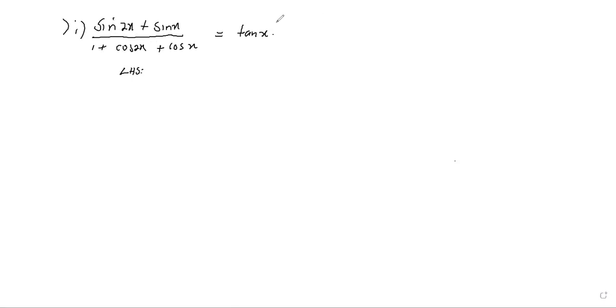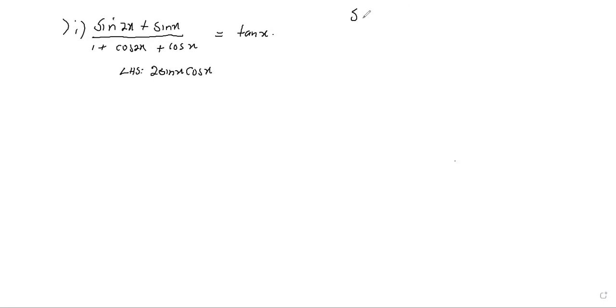We know that sine 2x is actually 2 sine x cos x.